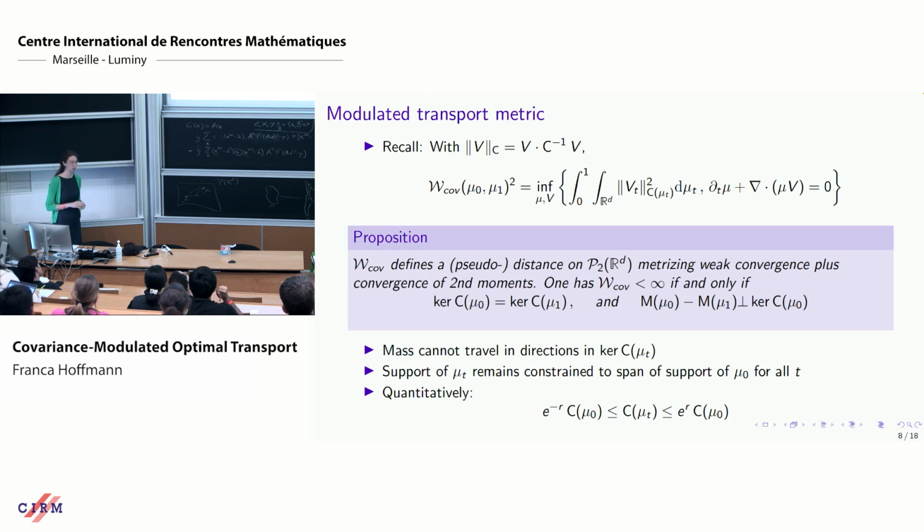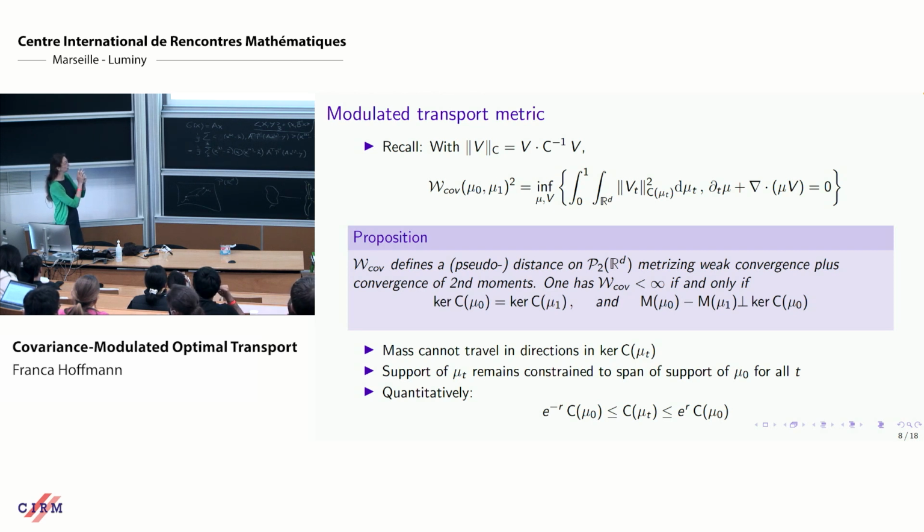So that's like the Wasserstein distance. But not all probability measures with bounded second moment will have a finite distance. And then we tried to understand, okay, when is it not finite? And understood a few things.